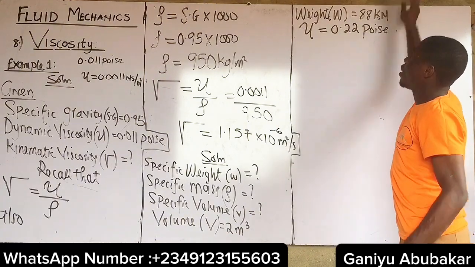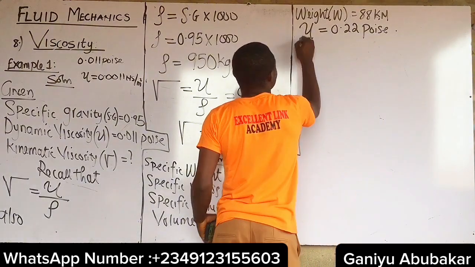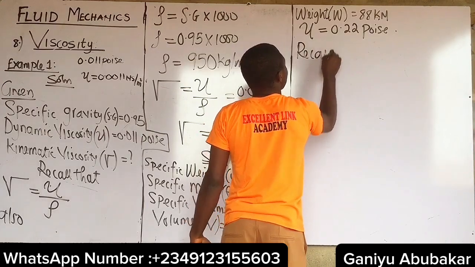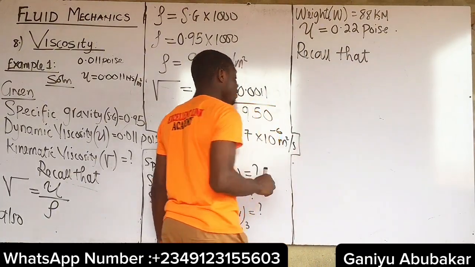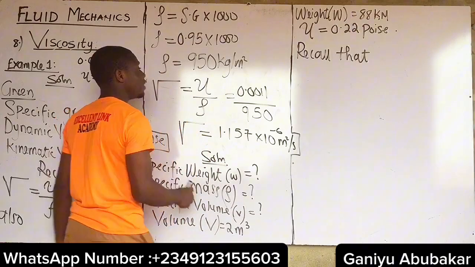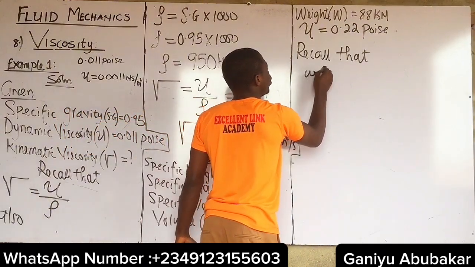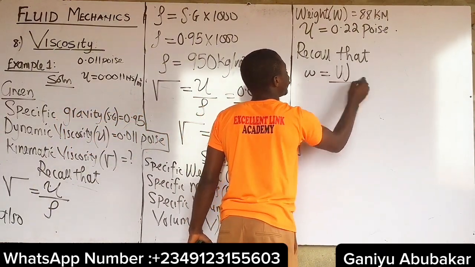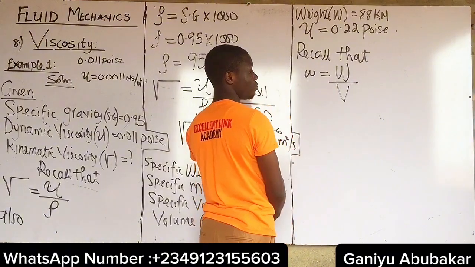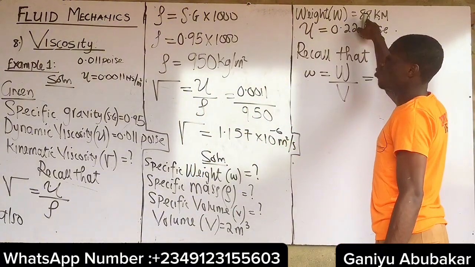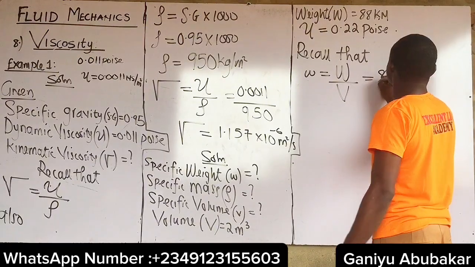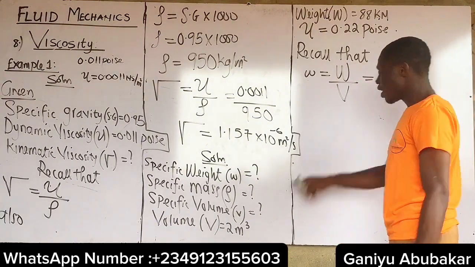So what we know before now is that, recall that we said that specific weight, that's small w, is equal to total weight all over volume. What's my weight? Weight is 88, all over volume, that's 2.